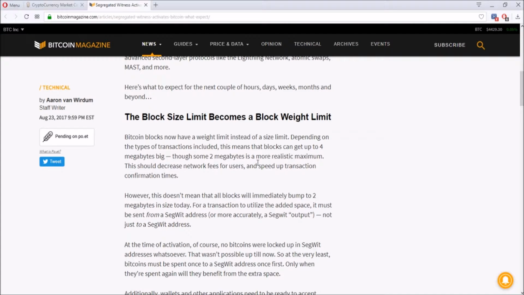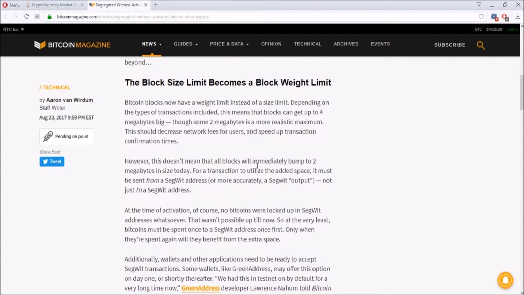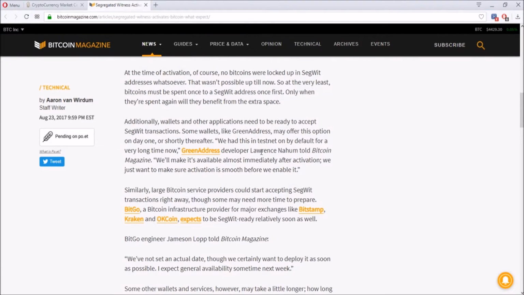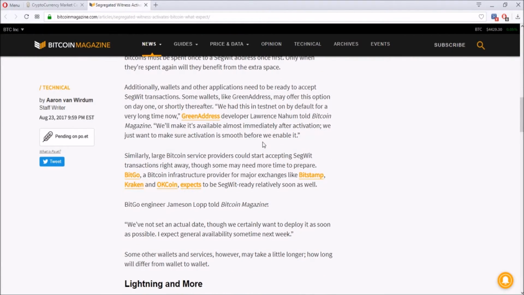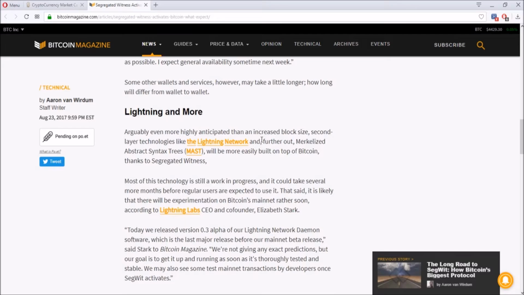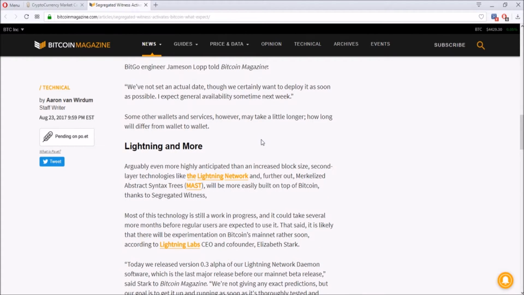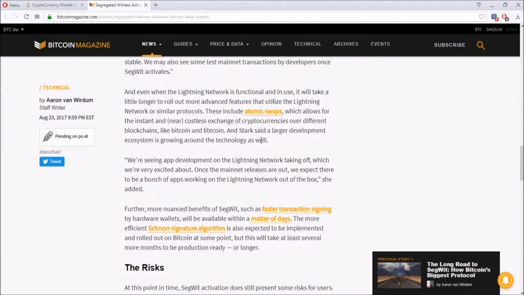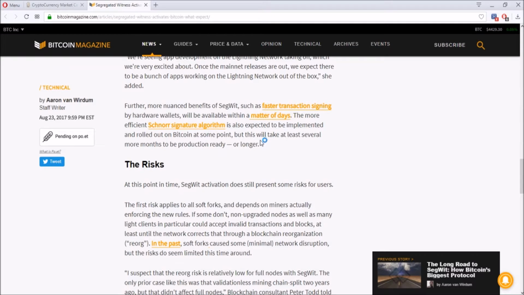So faster transactions and less fees, as I said. This is pretty much the basic features of Segwit and what it does to Bitcoin. Also, as I mentioned, it allows for more advanced networks, more advanced second layers, which I will cover in the next video.